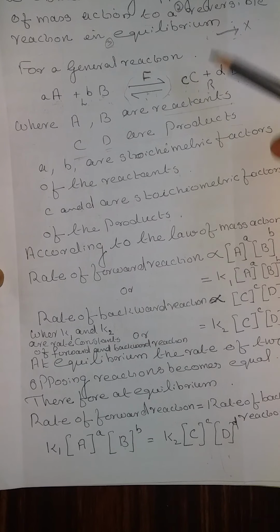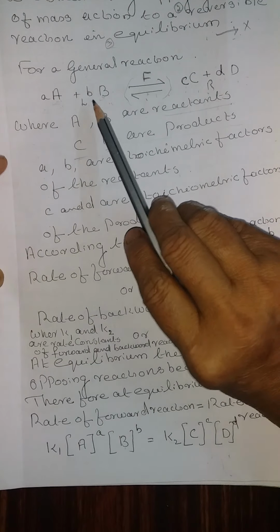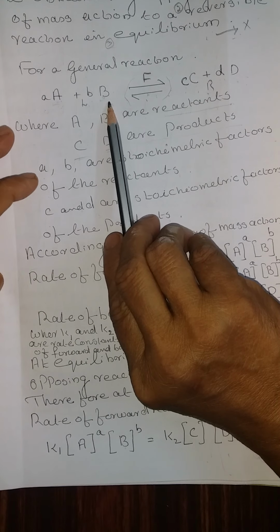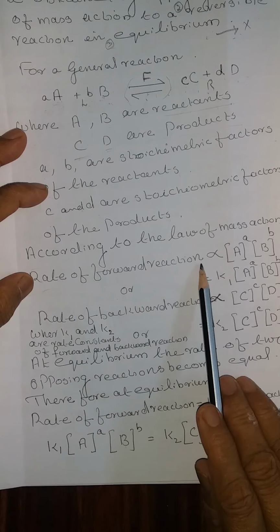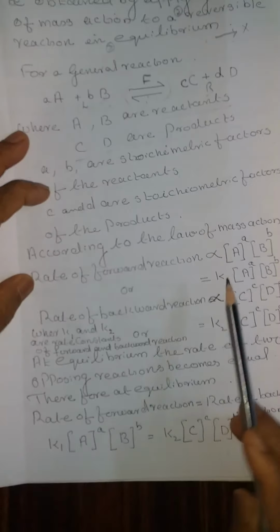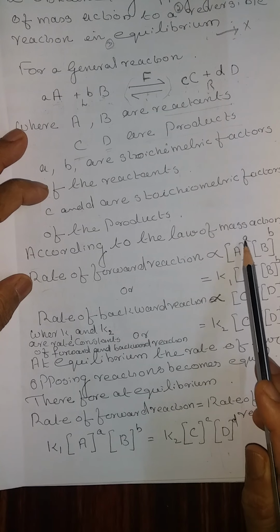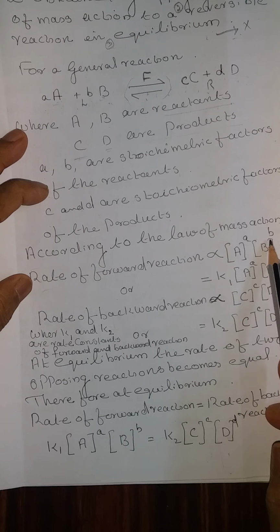In this forward reaction, applying law of mass action, we know very well that the rate of the forward reaction is directly proportional to concentration of A raised to the power small a, concentration of B raised to the power small b.